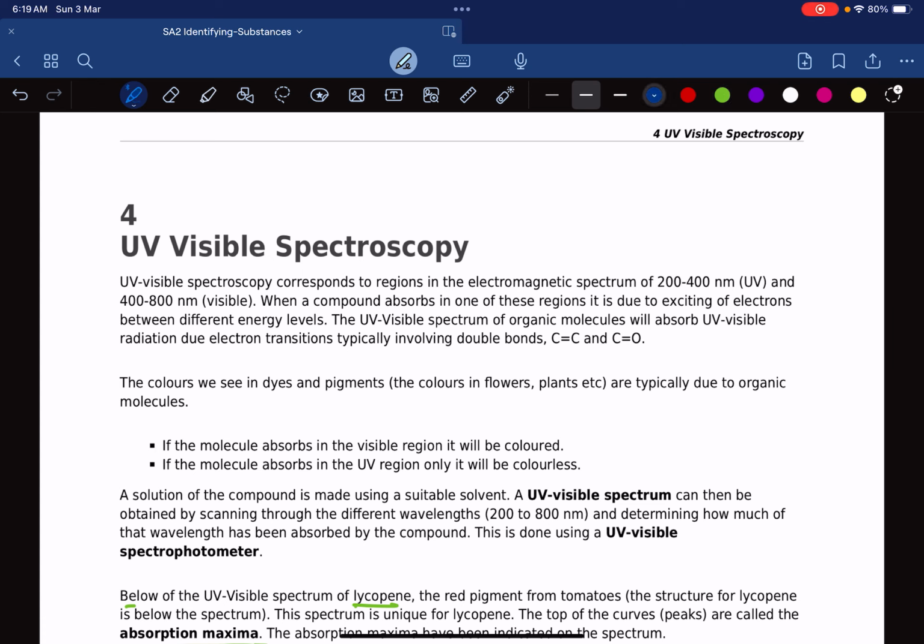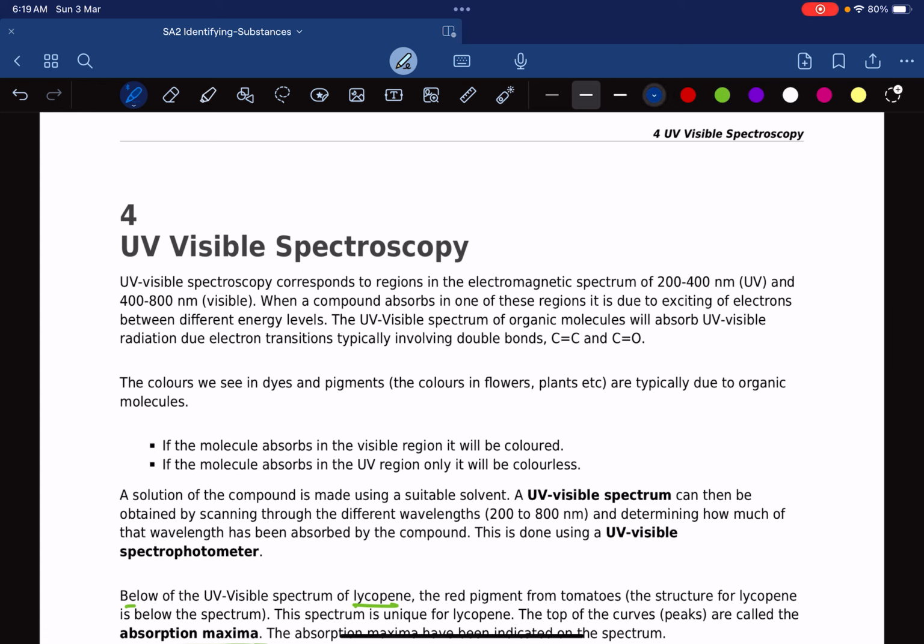Let's say you are analyzing something which has color. If it has color, then we are going to be focusing on this region here. We use wavelengths in this region. But if you're analyzing something that has no color, is colorless, then we're going to be focusing on this region here, starting from 200 to about 400.